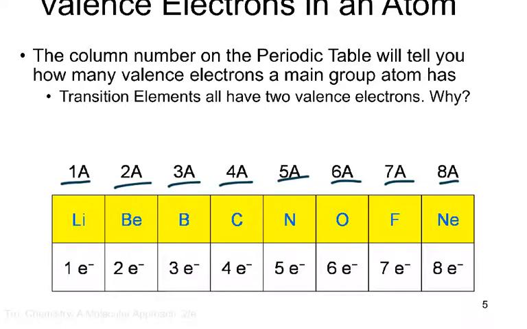Transition elements, for our purposes, we're going to assume all have 2 valence electrons. That's because, remember, the s of the outermost shell is filled. So if it's 4s, then you get the 3d ones being filled up. These are your valence with the highest primary quantum number. That's why we consider the transition elements all to have 2.